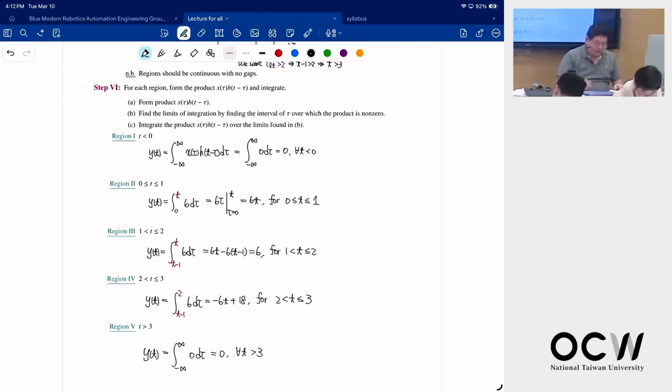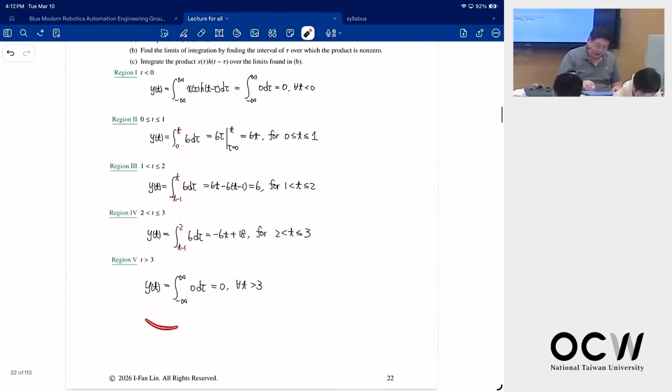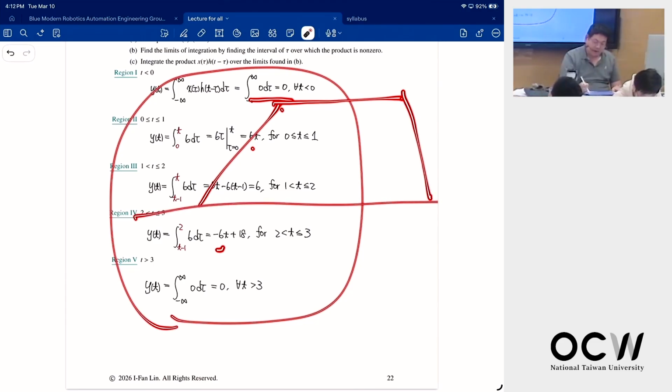Alright, so finally we have the values, then we can plot the figure here. So assemble the output from the output time sections for all the regions here. Okay, we have a 0, 6t, 6, minus 6t plus 18, something like a trapezoid.